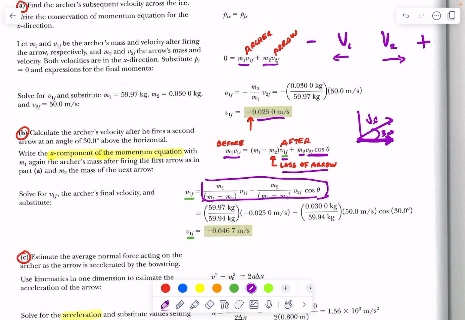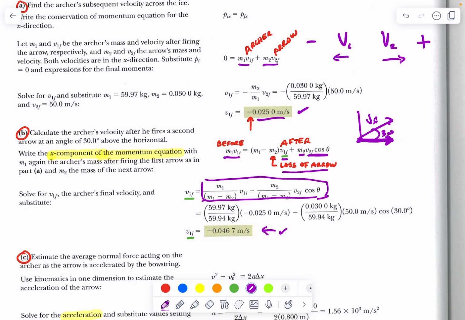The archer is V1. We plug our numbers in. We see that the archer now has this speed. Notice that the original speed of the archer from shooting the first arrow has increased, because now the archer has fired a second arrow. And indeed, the archer could keep firing arrows until he's out of arrows and keep going faster and faster.